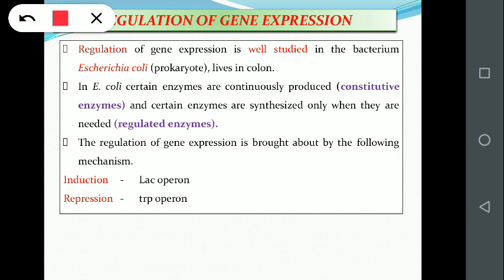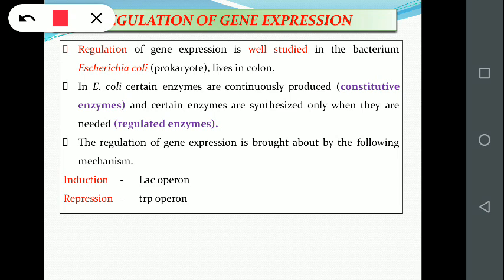The enzymes which are produced by the regulated genes are called regulated enzymes. They are only necessary during a particular time based on the environmental condition. They would never be useful constitutively or continuously.